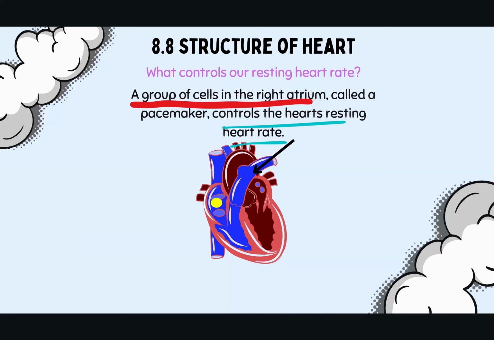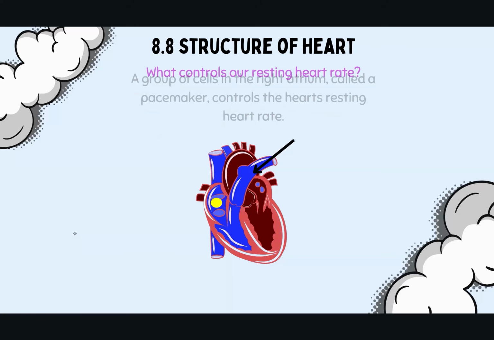So it essentially releases an electrical current. That electrical current moves right down the middle here, and then up through the sides. And as it does that, it causes contraction of firstly the atria and then the ventricles.